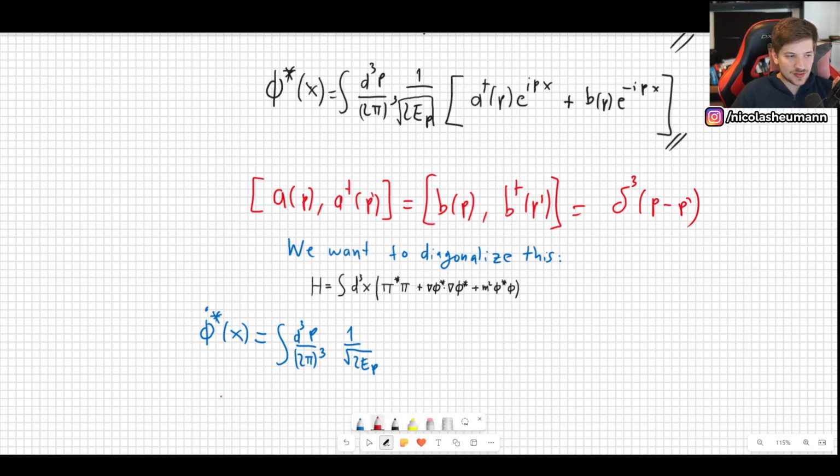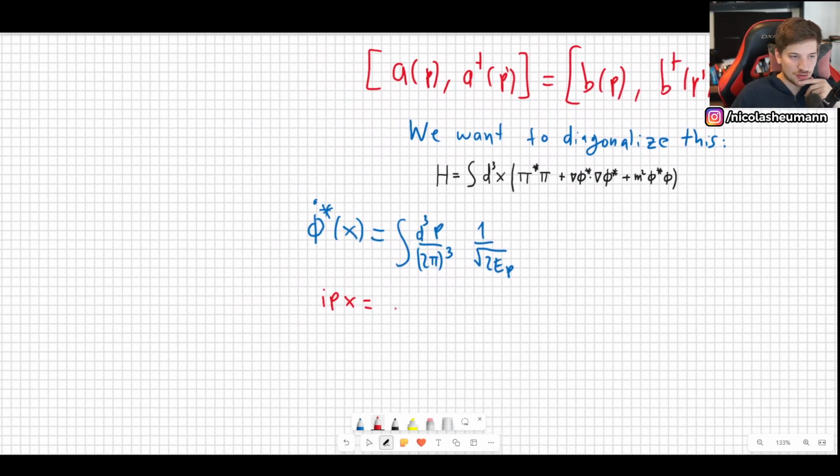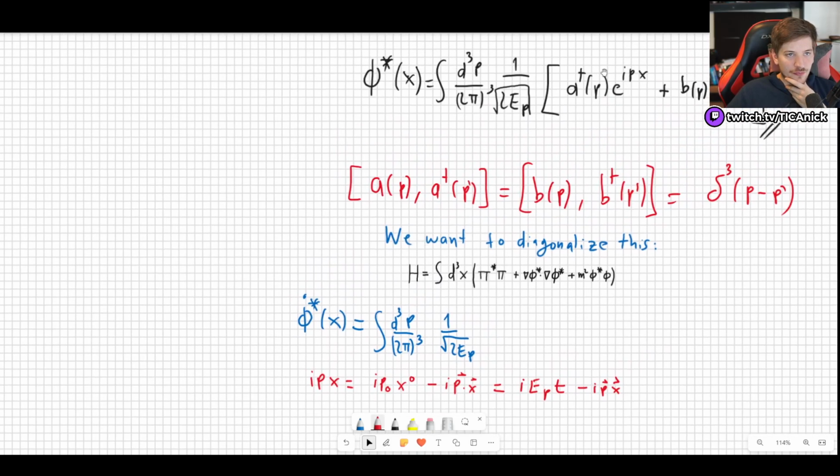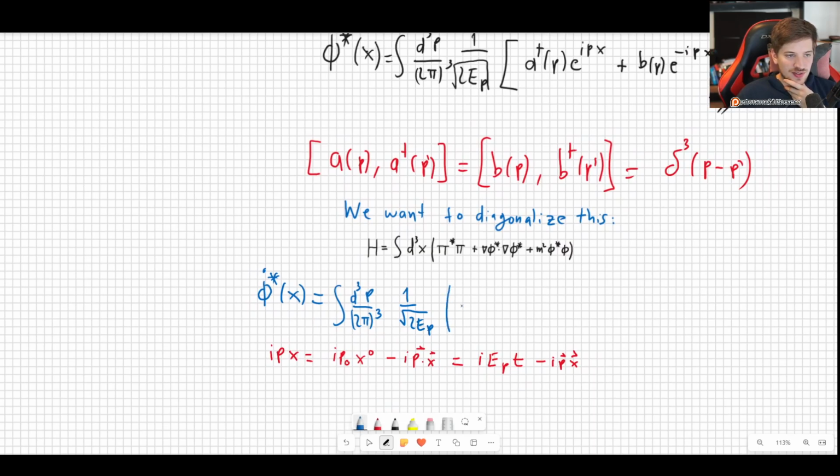Since we are dealing with these 4-vectors here, ipx is ip0 x0 minus i p·x. And p0 is the energy, so that's going to be ep, and x0 is time, so that's this, minus i p·x.